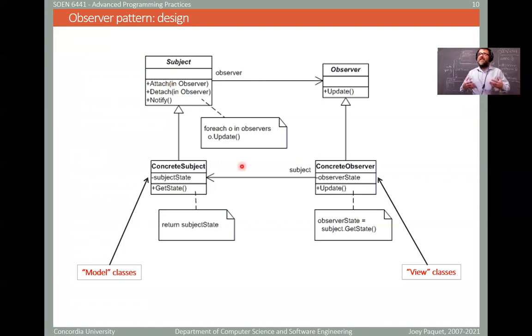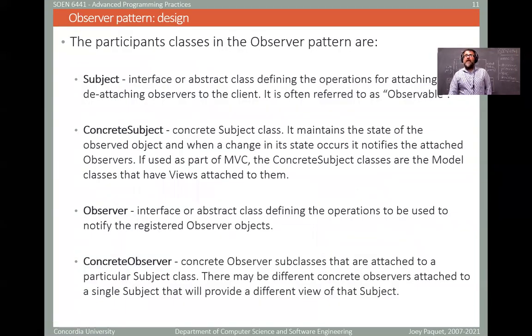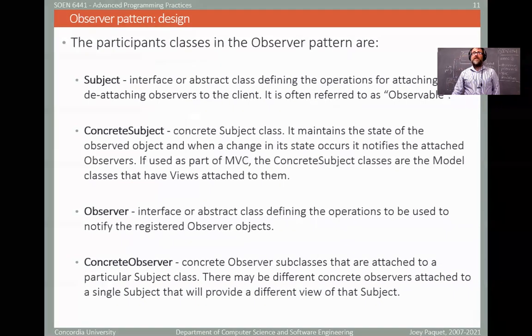So they provide this communication mechanism to all the objects that belong to all the subclasses of these classes. And then these subclasses are called concrete subject and concrete observer, which are subclasses respectively of subject and observer. And this is the description of each of these subclasses. I already explained that in the previous slide, so I'm not going to repeat that.